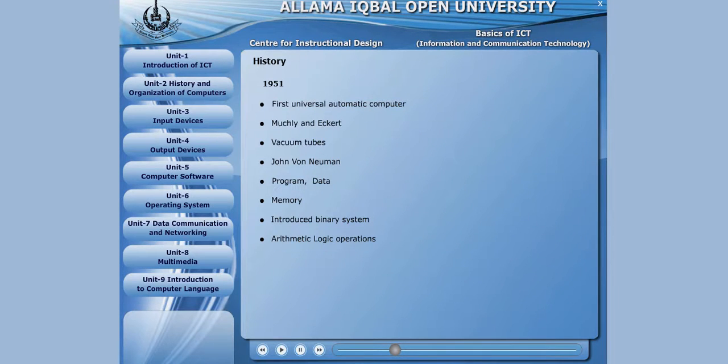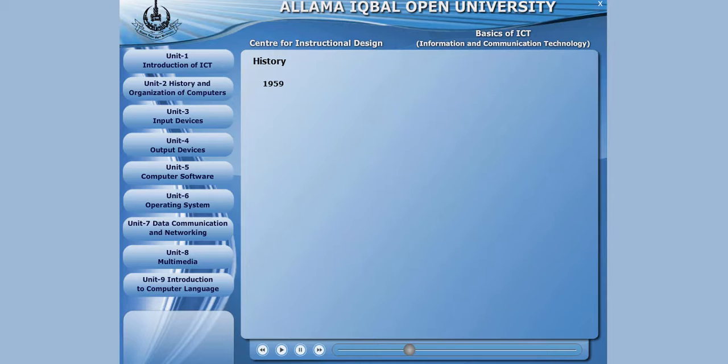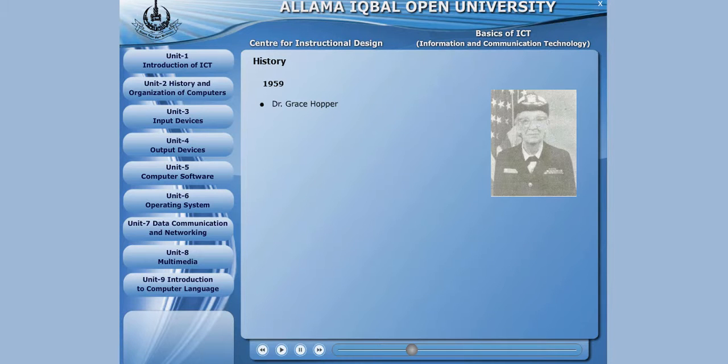In the mid-50s, IBM introduced the IBM 650 that was commercially available, and hundreds of these computers were sold and installed. In 1959, Dr. Grace Hopper conceived the idea of the COBOL programming language. It was a general-purpose, English-like programming language that is still used by many organizations.